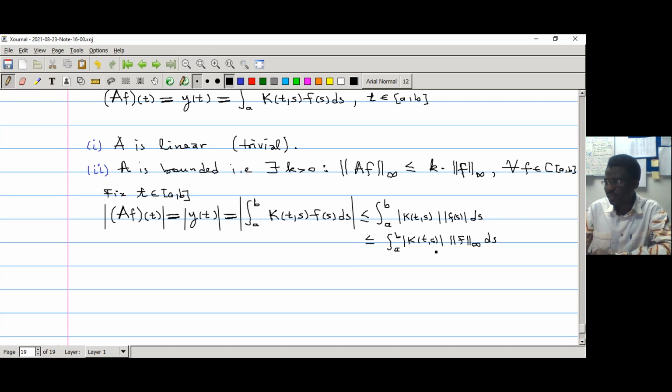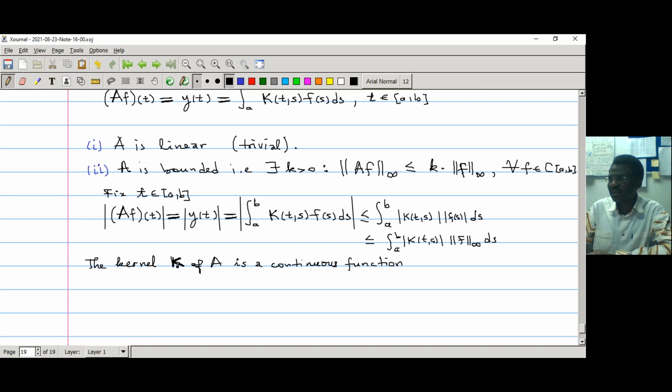I want to say something about this operator before I conclude. K is a continuous function. This is K, the kernel. The kernel K(t,s) is a continuous function. So we are using that.